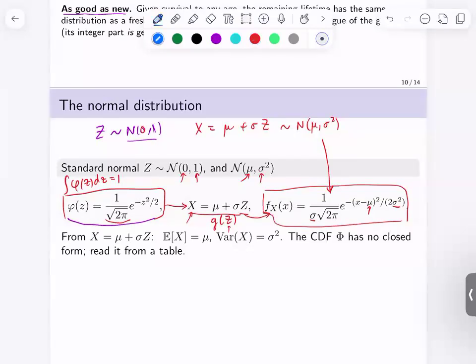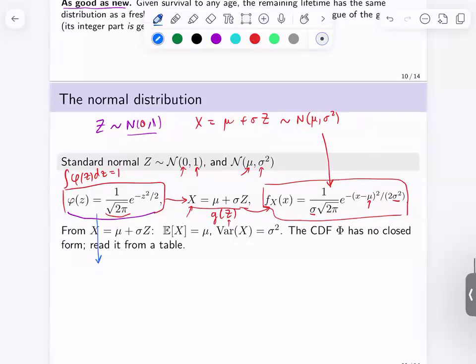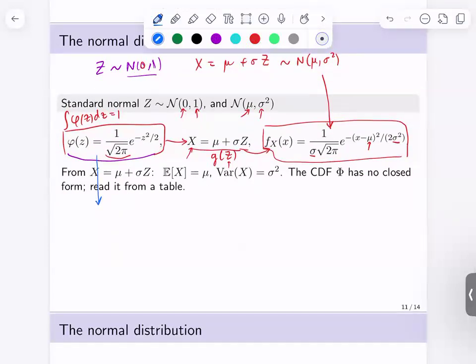You can see, if you believe, so this is going to be 0 mean because let's say Z is normal 0, 1. You can easily compute the mean, which is going to be the integral of z phi of z dz from negative infinity to infinity, because this is an odd function.